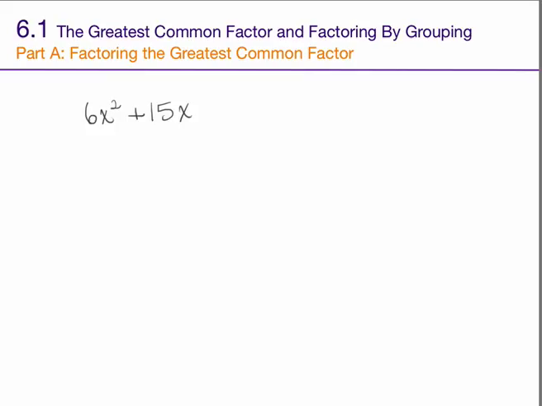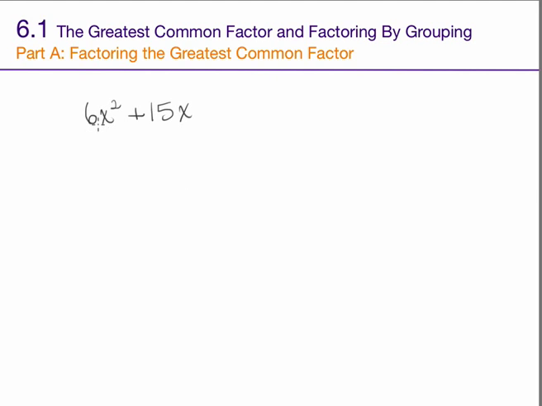The way in which we're actually going to be using this idea going forward is that if I give you a binomial or something longer, and I ask you to find the greatest common factor of this binomial, you're going to look at the individual terms, the 6x squared and the 15x.